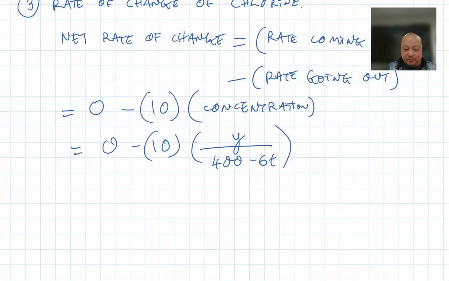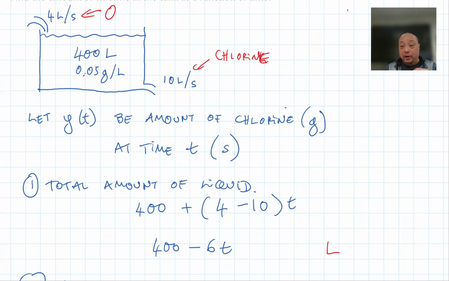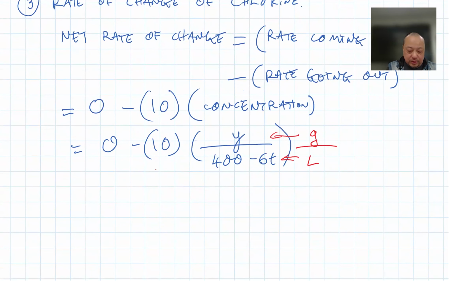Now let's check units again. Unit of the Y is gram. Unit of this is liter. We checked that in step 2. And what's the unit of 10? 10 is the flow of water, so it's 10 liters per second. So the unit here is liters per second.